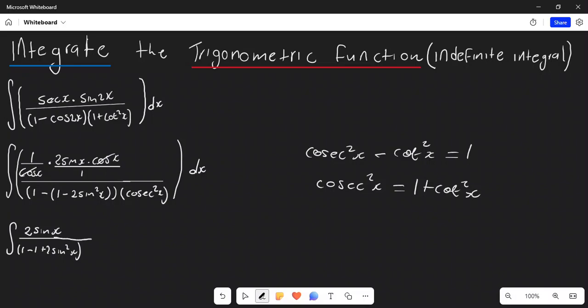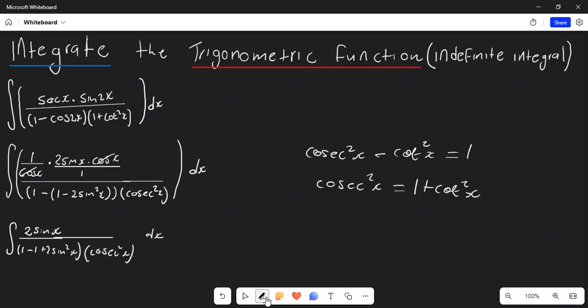And let's continue here. There we go. And then this one, we already simplified it. Just going to leave it like this for now. There we go. This is cosec squared x. So this is multiplied by dx.